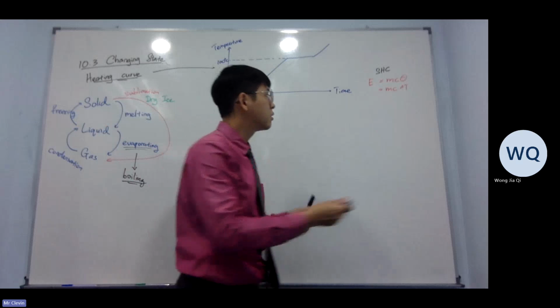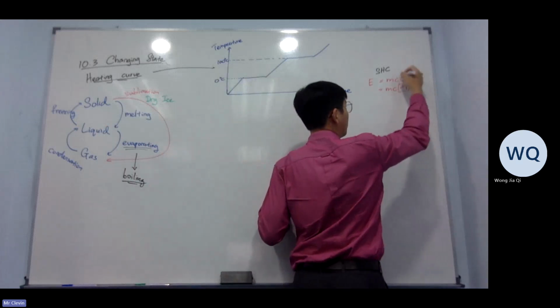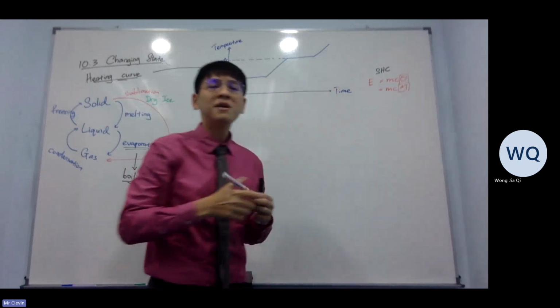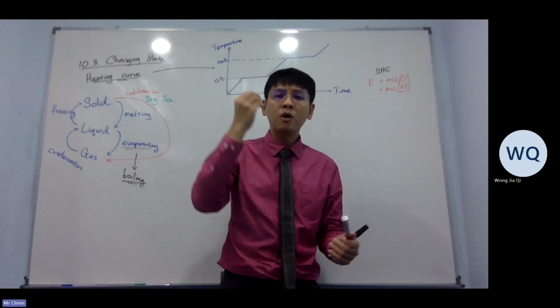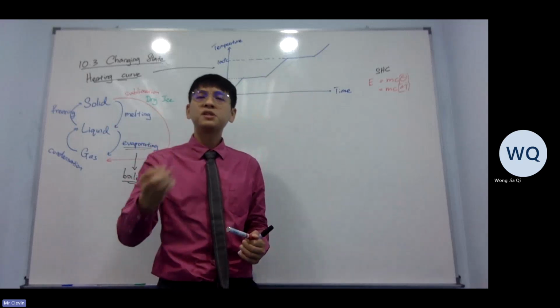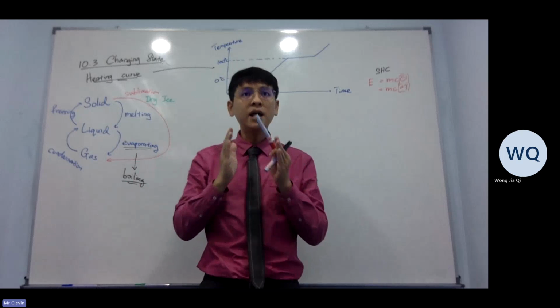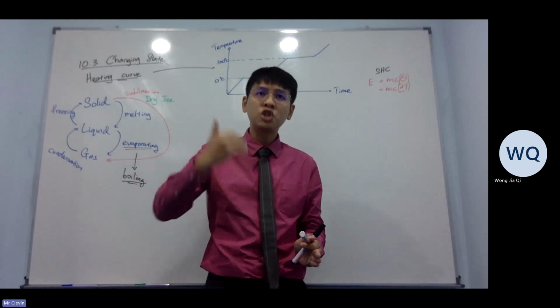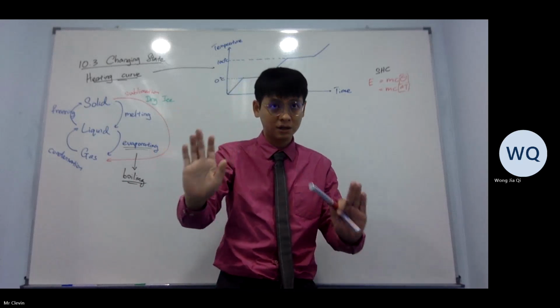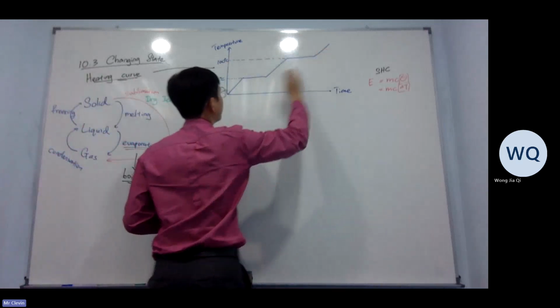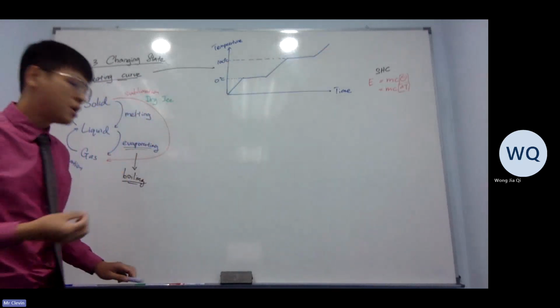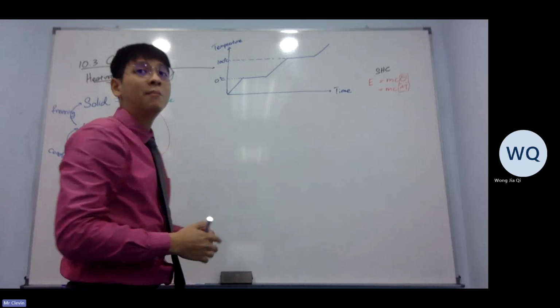It means that whenever you have this component and this component, there is a change in temperature, correct? So always remember, specific heat capacity only appears when there is a change in temperature. That's fixed. So in this zone, where are the situations where we have a change in temperature?